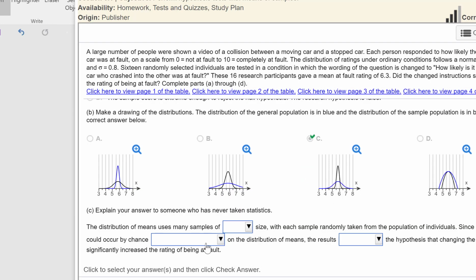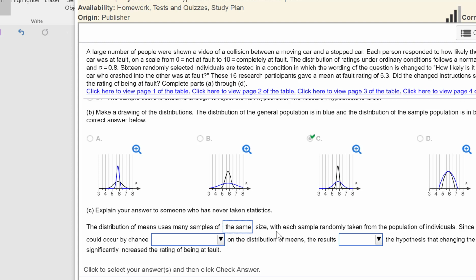Explain your answer to someone who has never taken statistics before. Okay, the distribution of means uses many samples of the same size. So again, the sample distribution, you may have to refer back to your text on this.